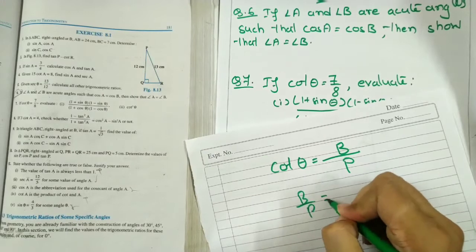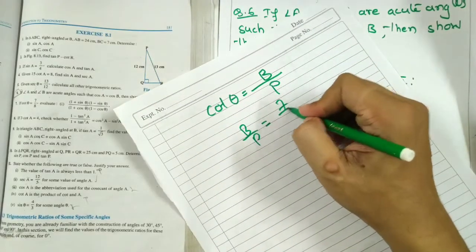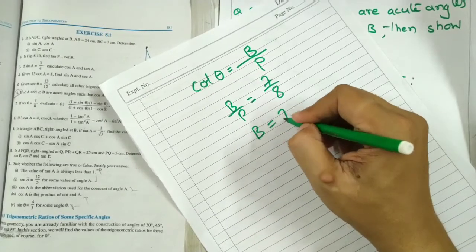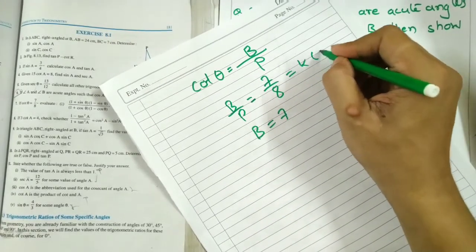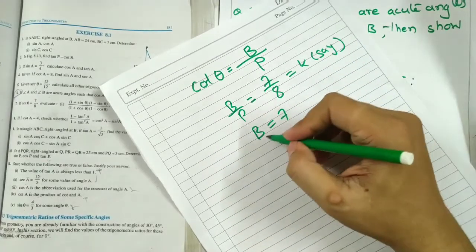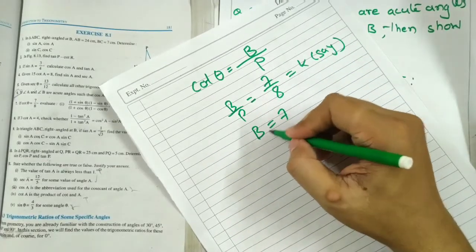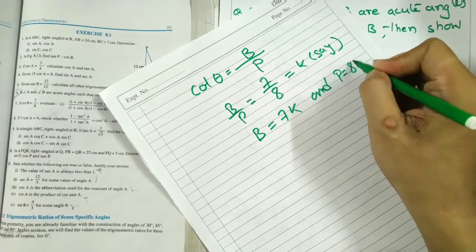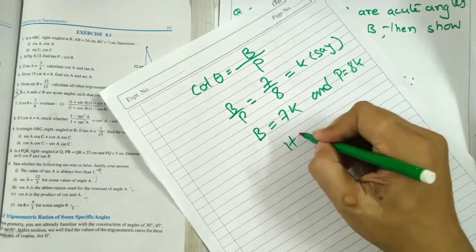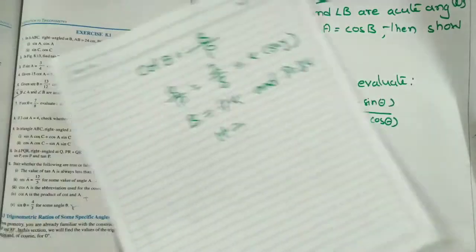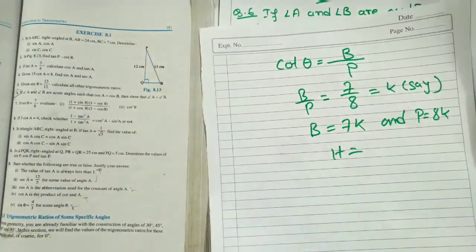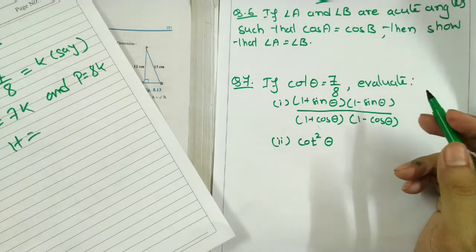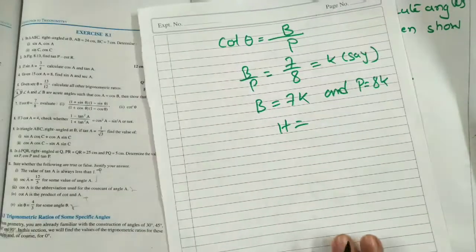Ratio is given 7 by 8, means from here we can get the value of base and perpendicular. So base will be 7k and perpendicular will be 8k. Now we can find out the hypotenuse. After getting the value of hypotenuse, we can easily get the value of sine theta and cos theta. Right, this is the one method that we can do.